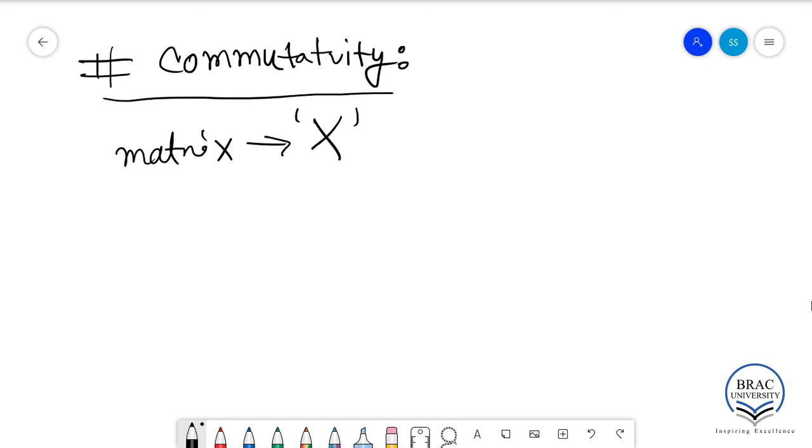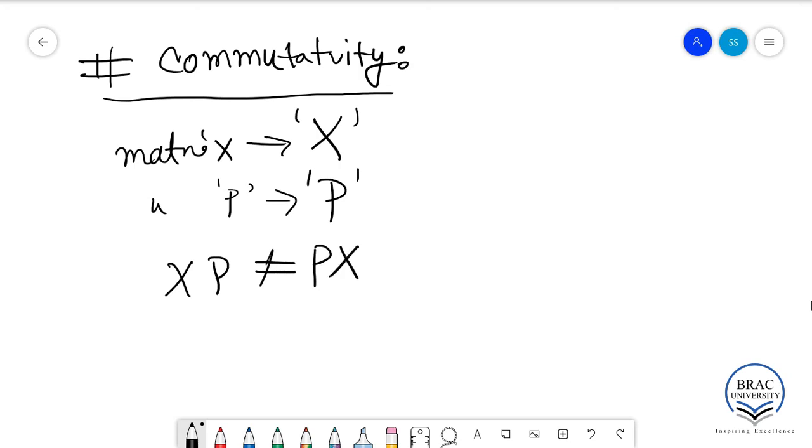I'll explain a bit later, but for now, think of it as a general matrix. And there is another matrix called P. Now, in general, this is true. Most of the time, matrix multiplication is not commutative.